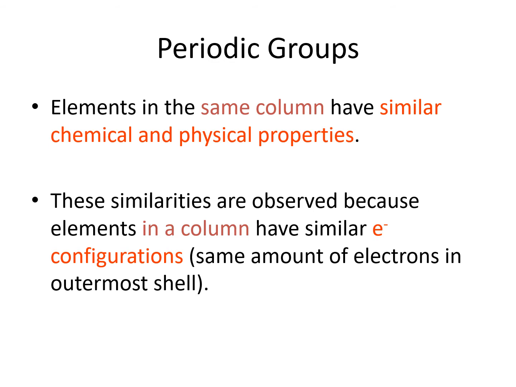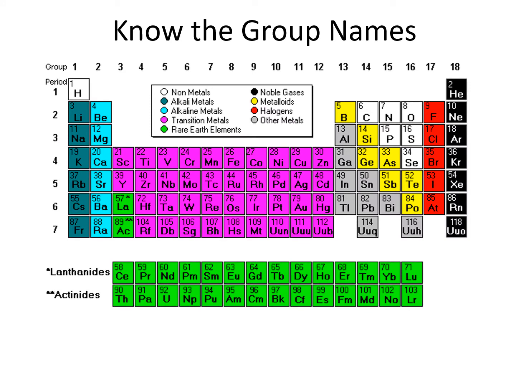Okay? All right, so you are responsible for some of the names of the groups that are found on the periodic table, or the families. You don't need to know all of these. You do need to know the noble gases, which is, of course, 8A.